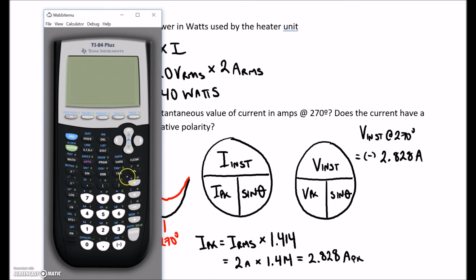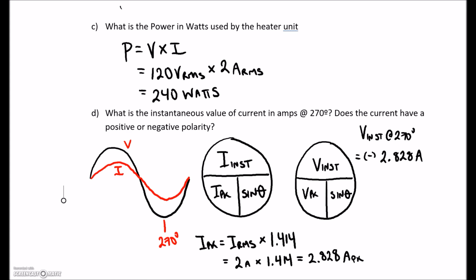So we've got our peak current of 2.828, and we multiply it by the sine of 270, and that gives us negative 2.828 amps. Doing a diagram really helps to find your answers as you go through.